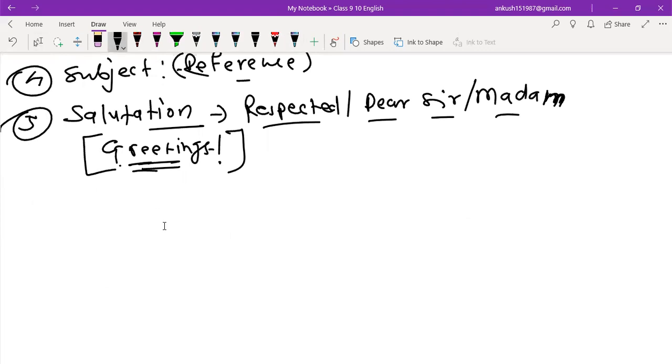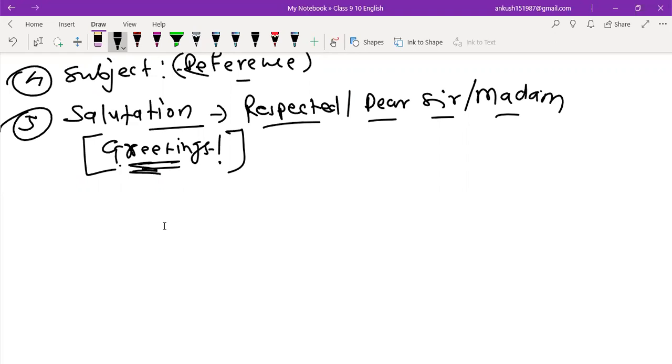After the salutation, we should write the greeting. Means you are conveying your bowing, like when we meet someone, we join our hands and wish them, right? That kind of thing is greetings.